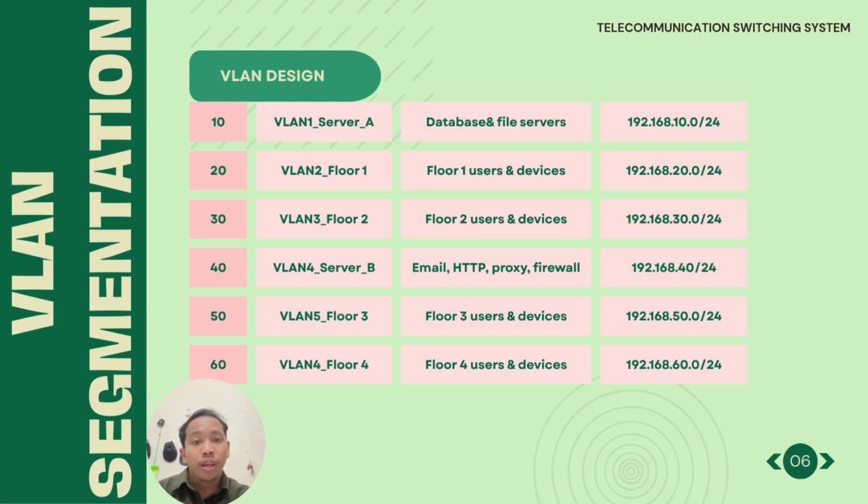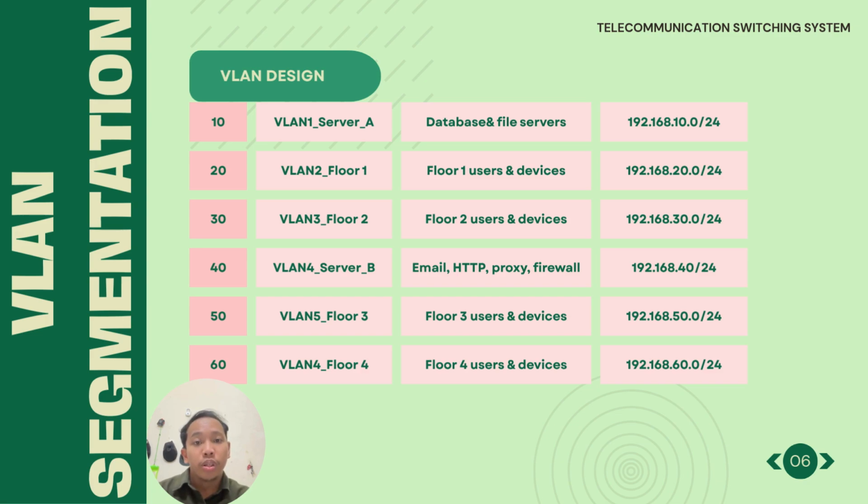While VLAN 30 is used for floor number 2 users and devices with 192.168.30.0. VLAN 40 contains the critical network services including the email server, HTTP server, proxy server and firewall using the subnet 192.168.40.0. For the remaining user network, VLAN 50 is allocated to floor number 3 with 192.168.50.0 and VLAN 60 is assigned to floor number 4 with 192.168.60.0.